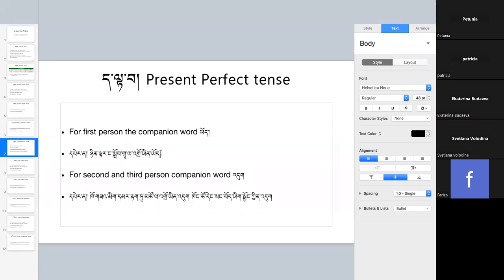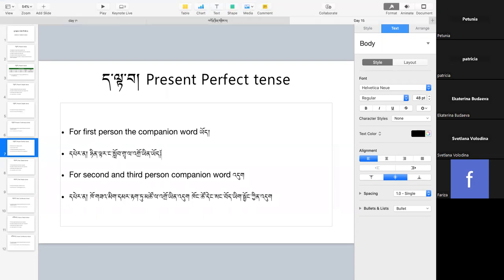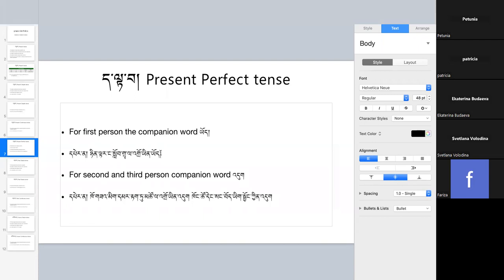So we see the variation. There is no variation in the spelling of the verb here. No variation in the spelling of the action word. Only in the variation of the companion word that comes after the action word. Whereas when we talk about different tenses, we see the variation in the verb also, or in the action word also.